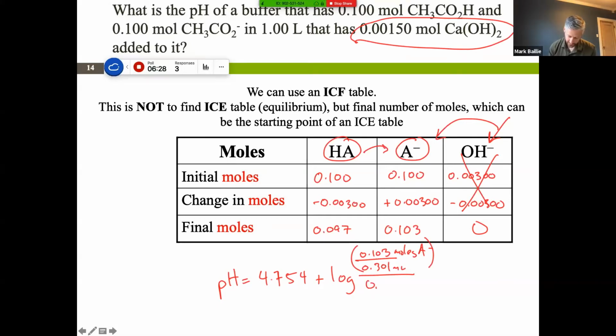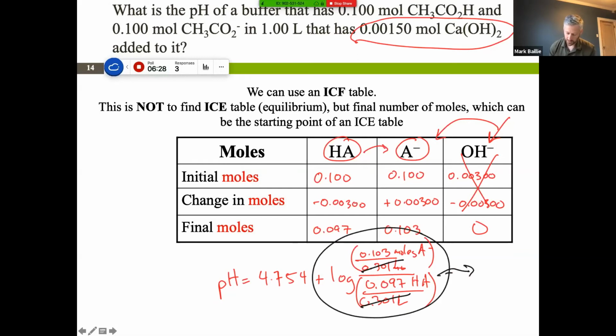Over our moles of acid over 301 milliliters. And what you're going to see is that every time we use a Henderson-Hasselbalch equation, it's the same solution. So for this part, we can instead write log of the moles of base over moles of acid. The ratio is the only thing that matters for that fraction at the end.